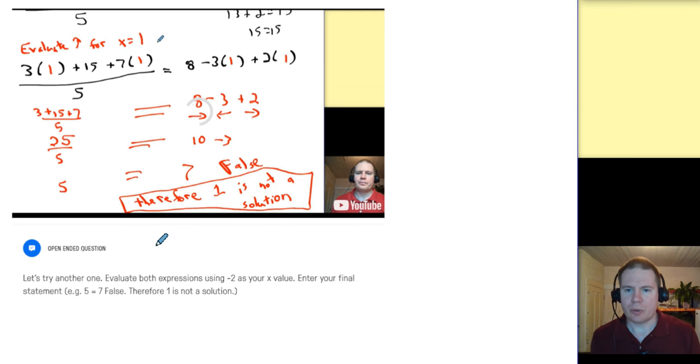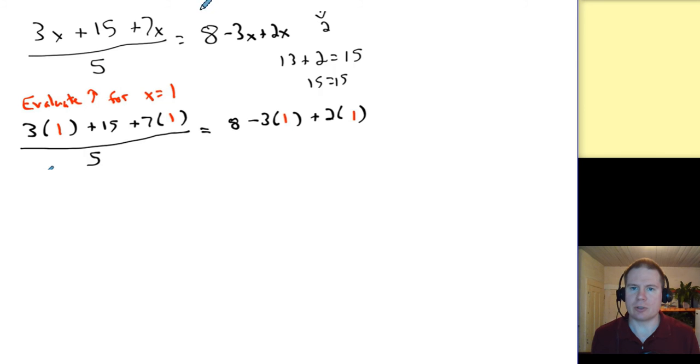So this question, I asked you to evaluate both expressions using -2 as your x value. I have an expression over here in black equals another expression over here in black, and those came from up here. Here's the full equation with x's, 3x plus 15 plus 7x all over 5 equals 8 minus 3x plus 2x.